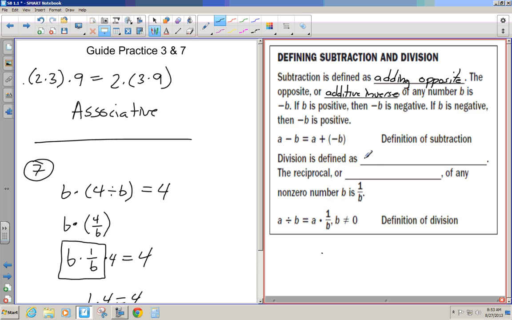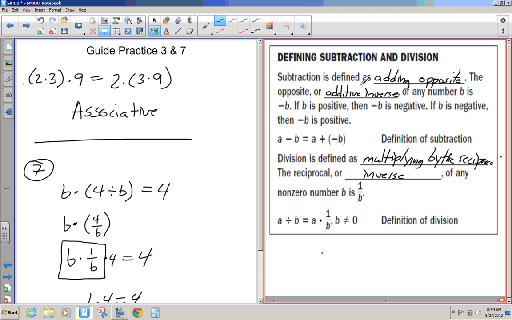So the definition here, division is defined as multiplying by the reciprocal. The reciprocal or inverse of any non-zero number b is 1 over b.